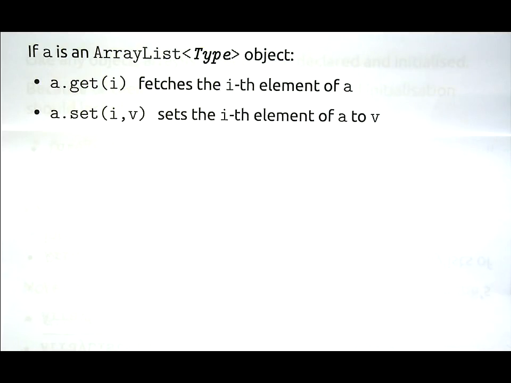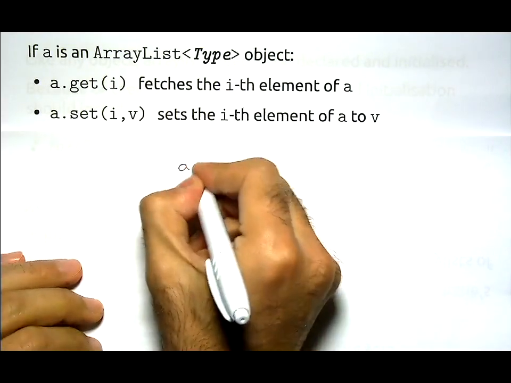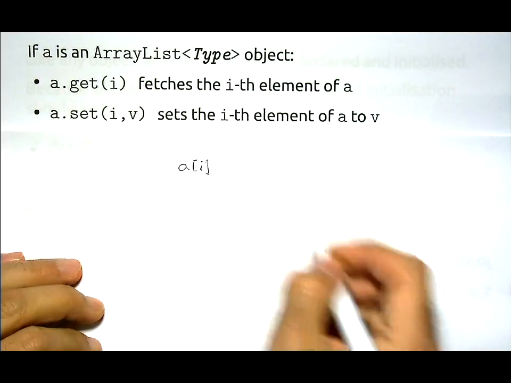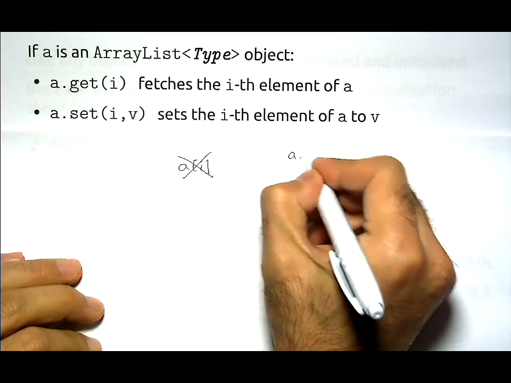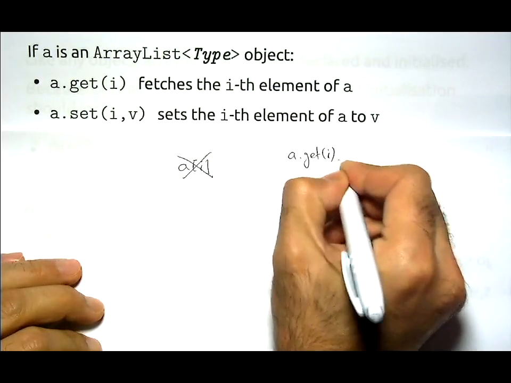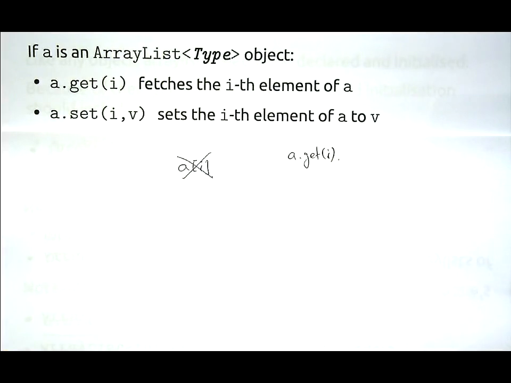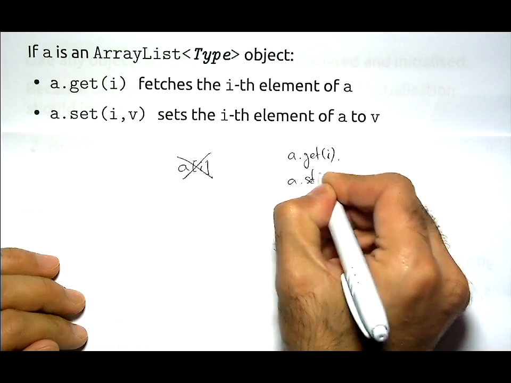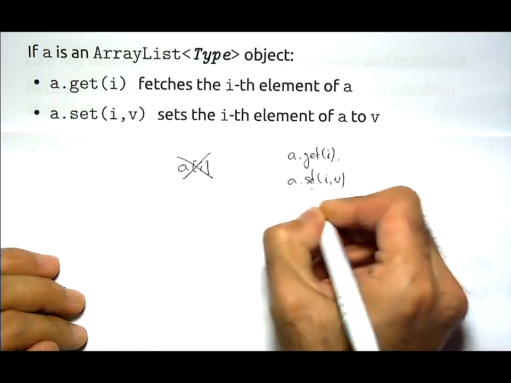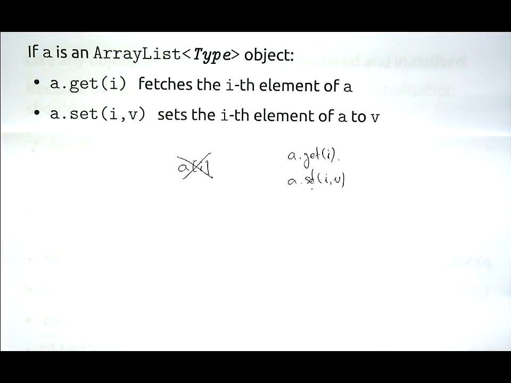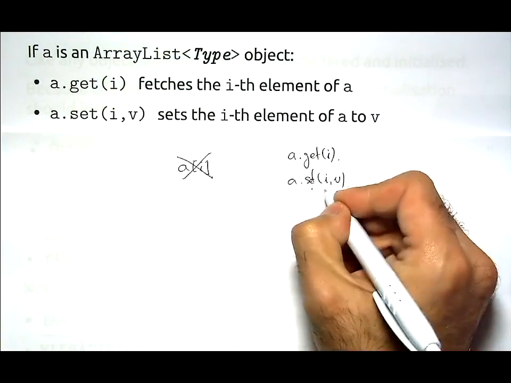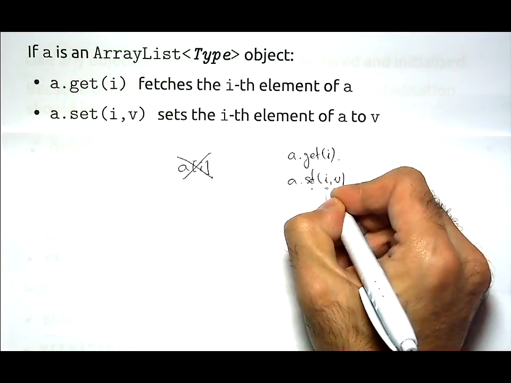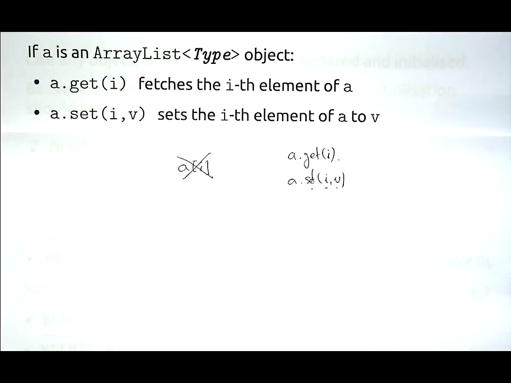The difference is that whereas in an array you would say A[i] to get the ith element, you cannot do this anymore. You have to say A.get(i), and this reads the ith element. If you want to write, you have to use a different method: get for reading, set for writing, and you say set(i, v), which sets the ith element of my array list to be v.